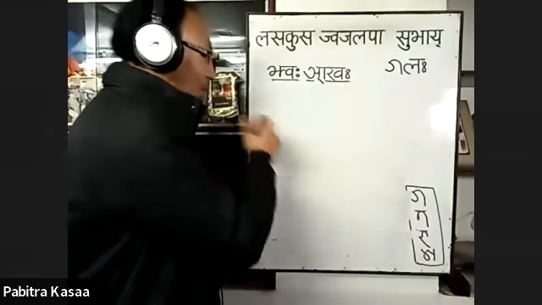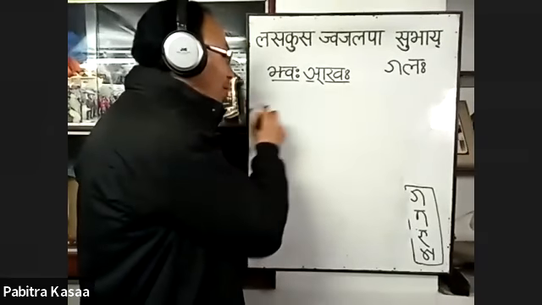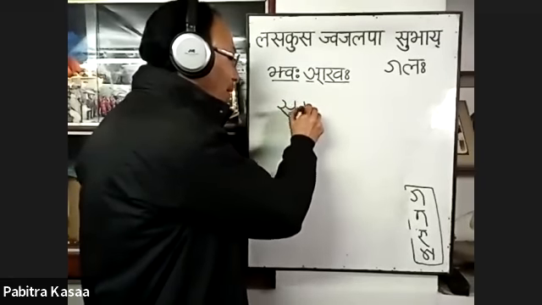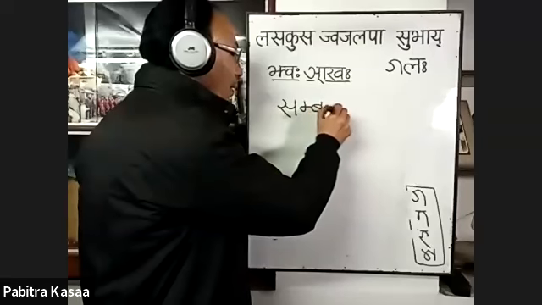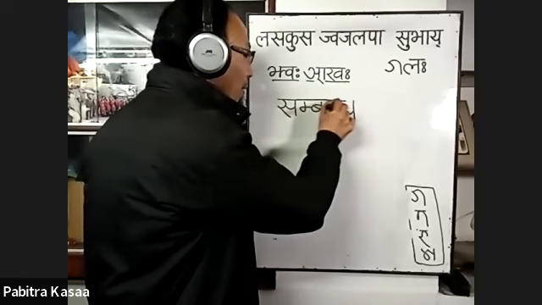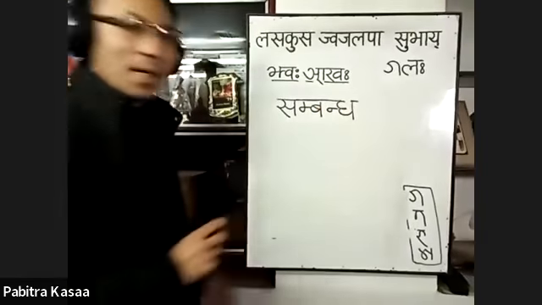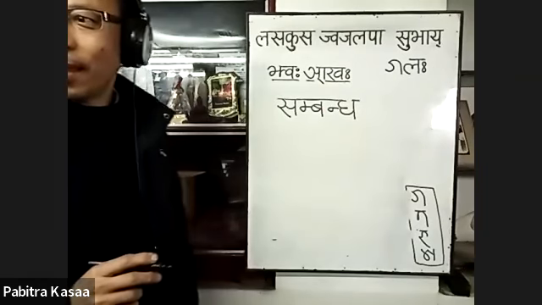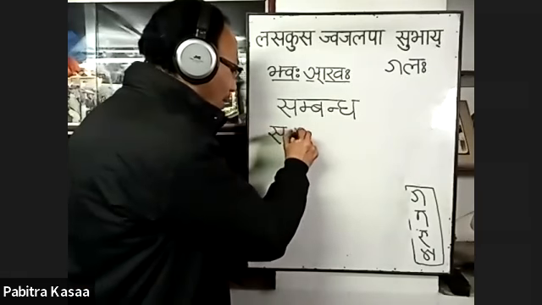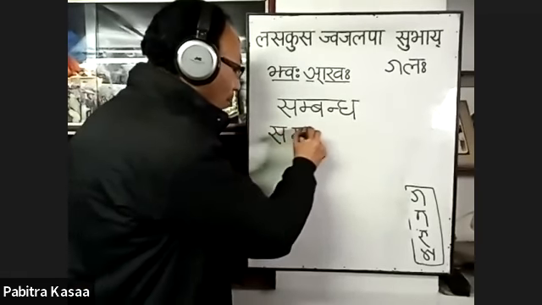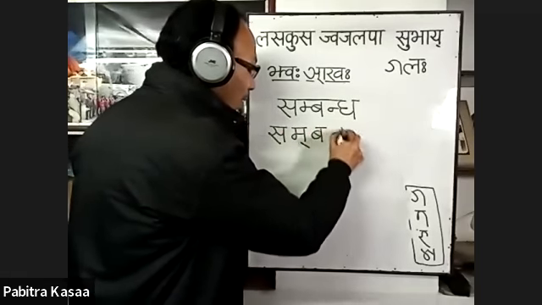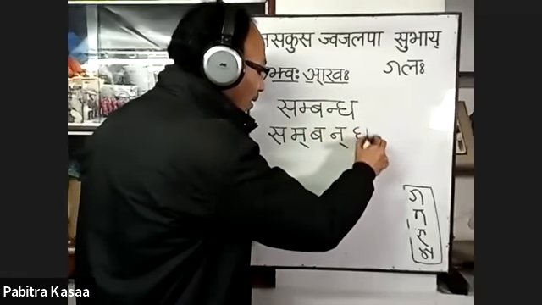Okay, so if you want to, in Devanagari, okay, I'm writing this letter. This is Sambandha, right? It has Sa, Ma, Ba, Na, and Tha.